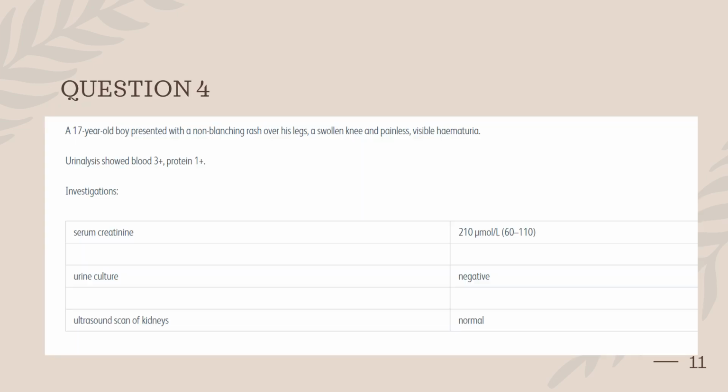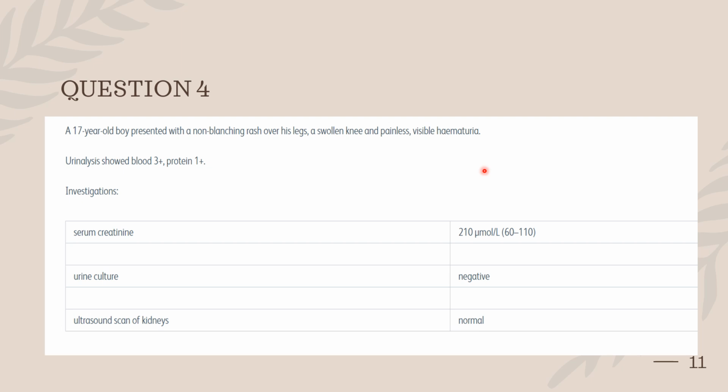Next question, a 17-year-old boy presented with a non-blanching rash over his legs, a swollen knee and painless visible hematuria. Urine analysis showed blood 3+, protein 1+. So the age is 17, there is non-blanching rash, a swollen knee and painless visible hematuria.